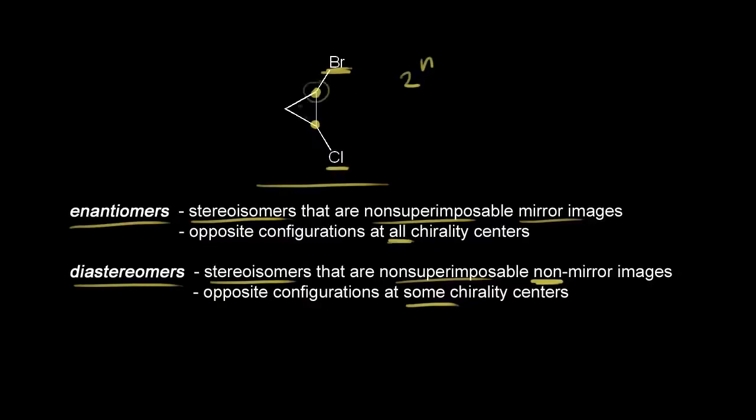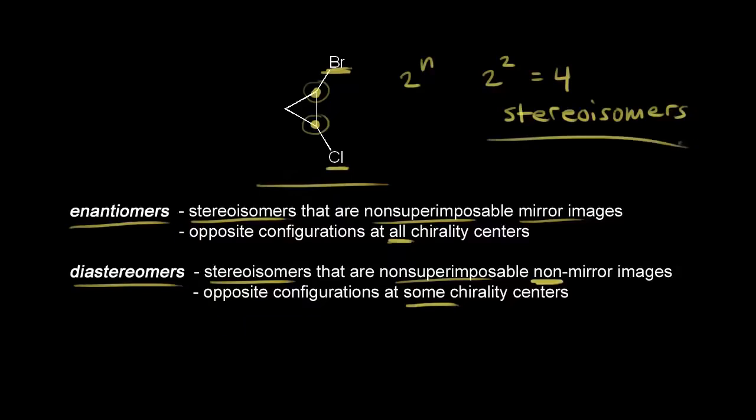And since n is equal to 2 for this drawing, we would expect to be able to draw 2 to the second power, or 4 stereoisomers. So there should be a total of 4 stereoisomers. Actually, 2 to the n is just a maximum, and we'll talk about that in later videos. So let's draw all 4 stereoisomers, and let's look at the relationship between them.